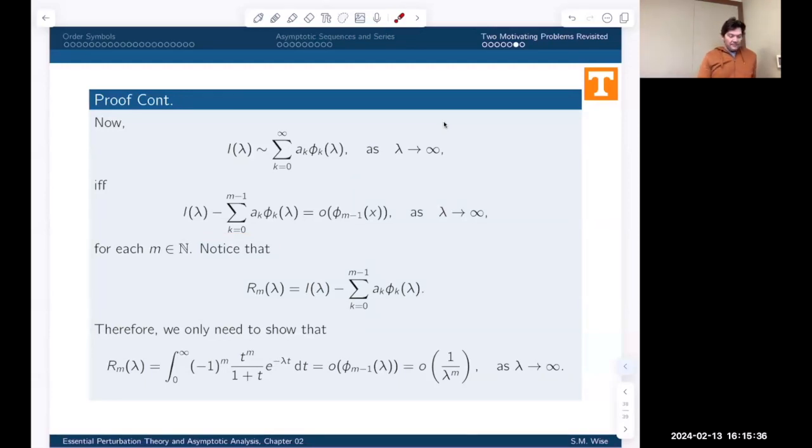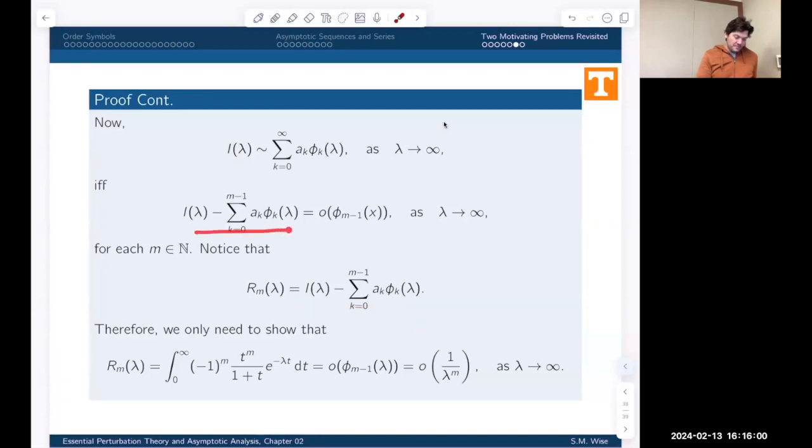Well, we already have an exact representation for this remainder or error. Error, remainder, residual, they all mean the same thing. Some characterization of this difference. Right, we have shown this.